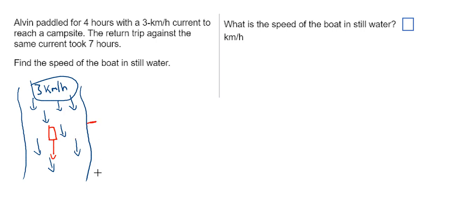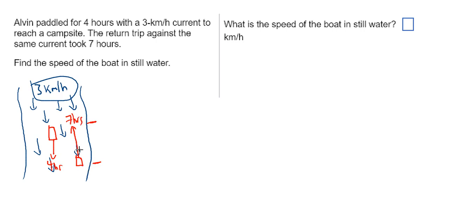So let's say starting from here and getting here took 4 hours going with the current. So maybe I should put it over here instead. So this is where Alvin starts. He goes down the river with the current. This is where his campsite is. This is a 4-hour trip going in that direction. All right. Going against the current, leaving the campsite, going back where he was parked, takes 7 hours.